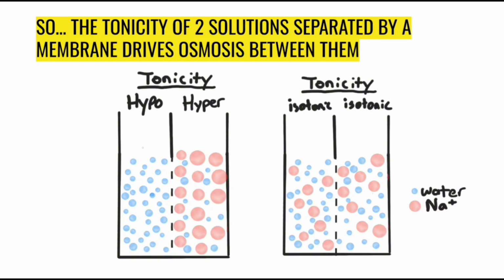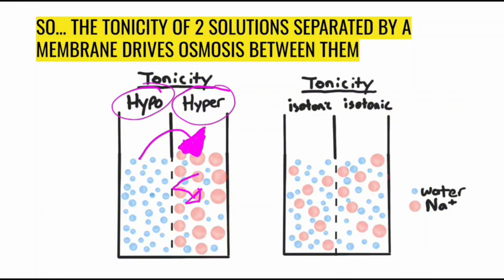As long as there is a difference in tonicity, one side is hypotonic compared to the other side being hypertonic, water is going to continue to try to move down its concentration gradient from hypo to hypertonic solution, and that is osmosis, and it is driven by tonicity, which we keep in mind is the osmolarity, the total number of particles, but only those particles that do not diffuse across the cell membrane.